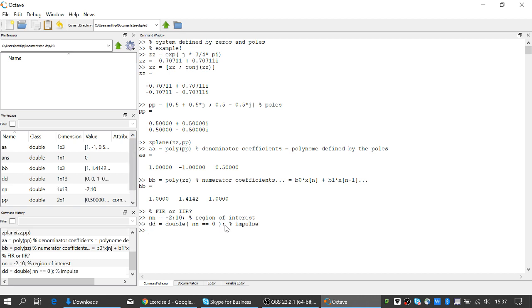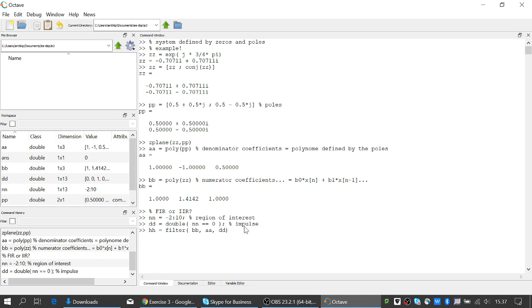And now we can calculate the system output, which is the impulse response: h equals filter(b, a, input). Make sure that you have these in the right order. Always first you have the numerator polynomial coefficients, meaning the scaling factors of x, and then next the scaling factors of y, the denominator coefficients, and the last one is the data.